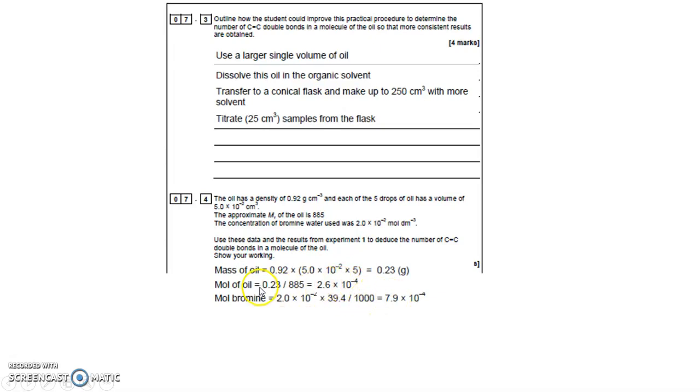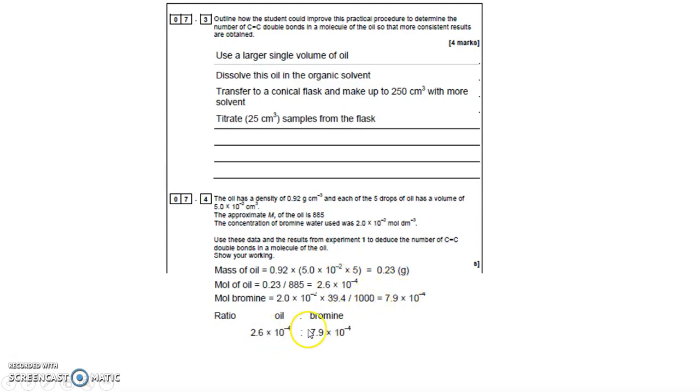That means there's not 1 double bond in the oil. There must be more than 1 double bond because I'm needing a lot greater number of moles to react with the oil.